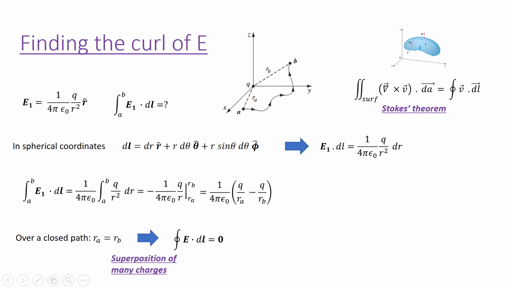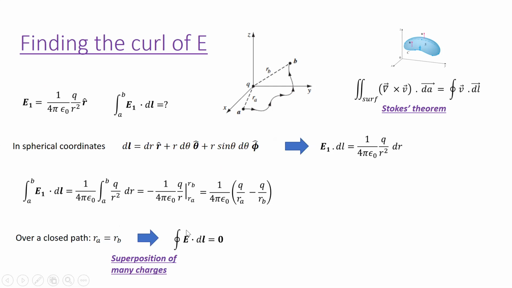And so over a closed path, the distance RA and RB would be equal, because it would be the same initial and final point. So if RA is equal to RB, then the line integral for the single charge is just going to be Q over RA minus Q over RB. Since RA is RB, that's going to be 0.